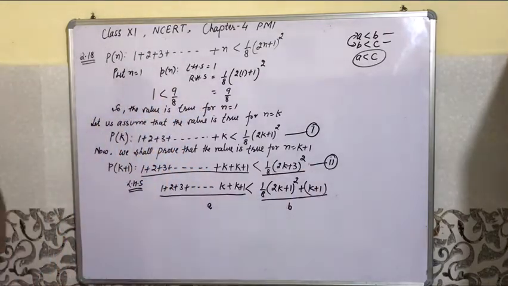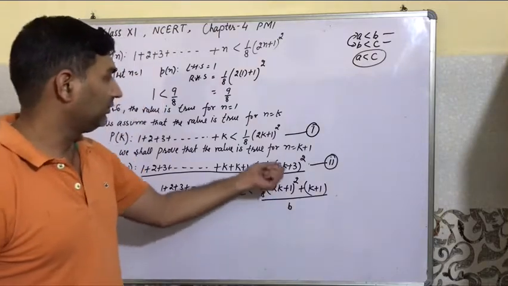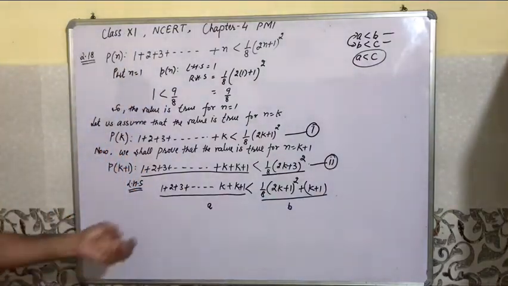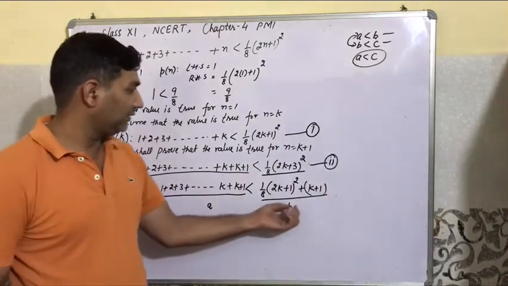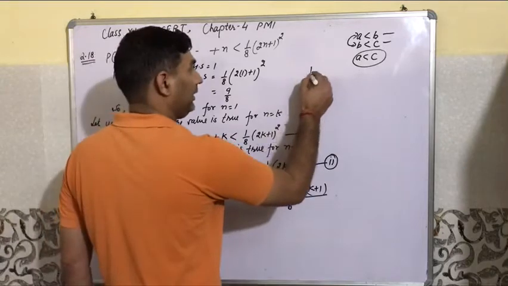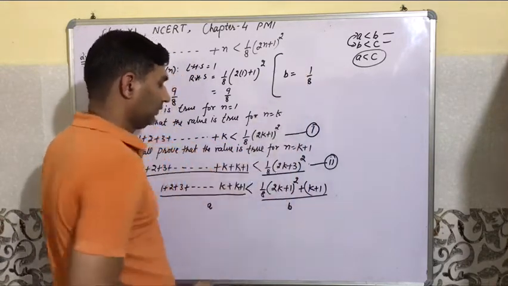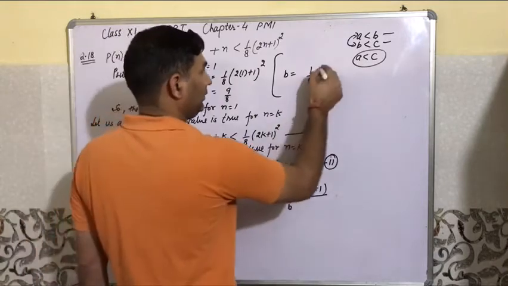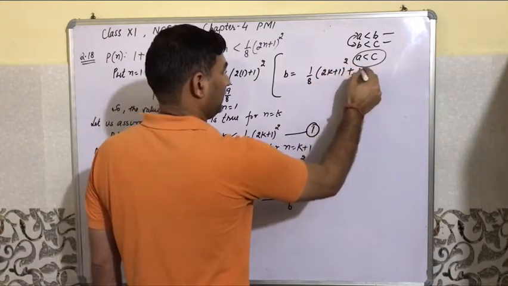Let a is equal to this, b is equal to this and c is equal to this. The value a that we have is less than this value, which we will solve now. Now we are solving b. b is equal to this, 1 by 8 (2k plus 1) whole square plus k plus 1.